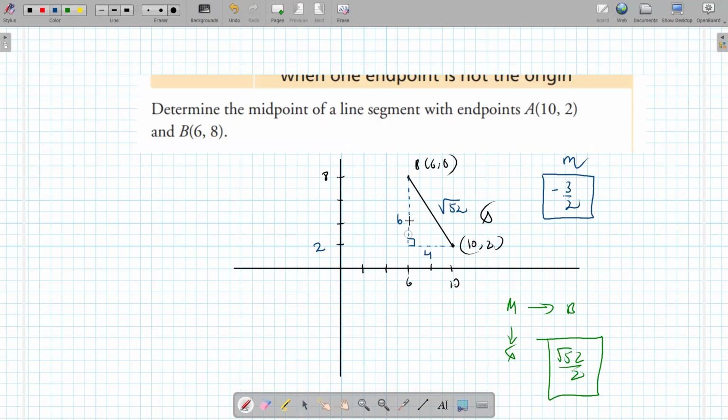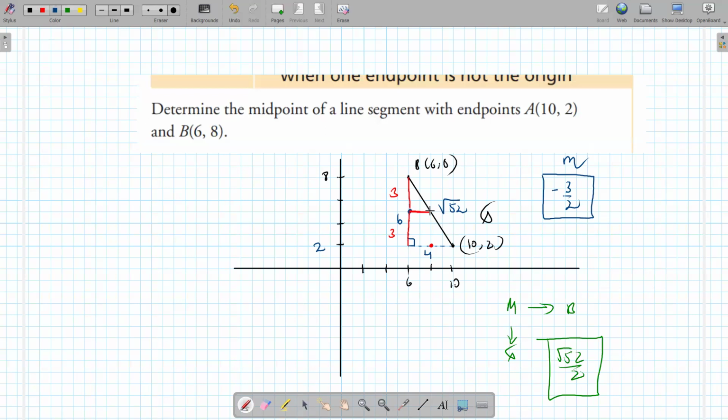So 1, 2, 3 right there. The distance from here to here is 3. The distance from here to here is 3. This is 4 units. Let's half this as well. So right there. The distance from here to here is going to be 2 units, yeah? Which is half of 4 units.